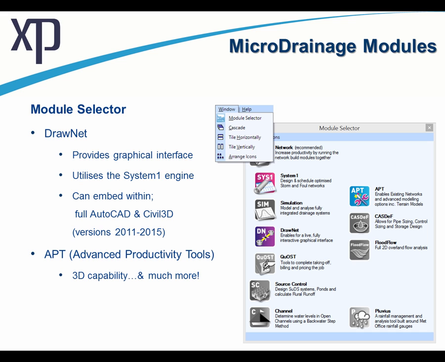The modules within MicroDrainage that I'll be using today are DrawNet CAD alongside the APT, Advanced Productivity Tools module. The DrawNet is used for the graphical interface and APT for the 3D capability. So let me show you what I mean with a live demonstration.